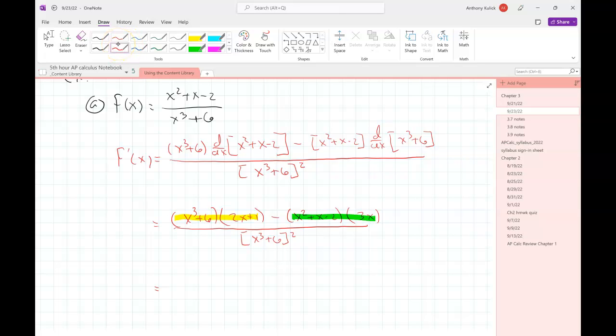Should I bother to FOIL out the denominator? I would not yet, because if there's any reducing that I could possibly do in the future, I would need the denominator in factored form, which it's already in. So until I get to the very end, I'm not touching that denominator. I would only touch it if the multiple choice question I was doing had the denominator all multiplied out.